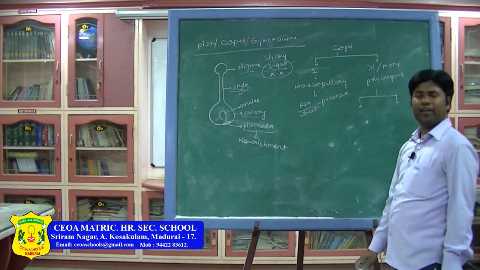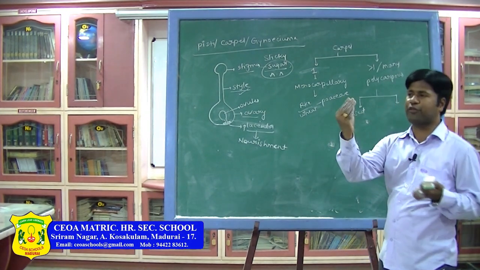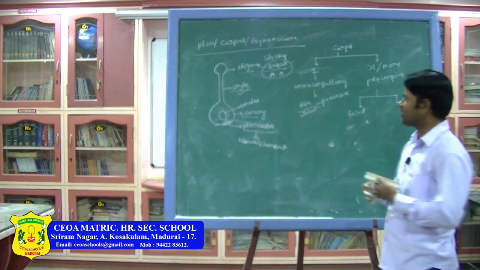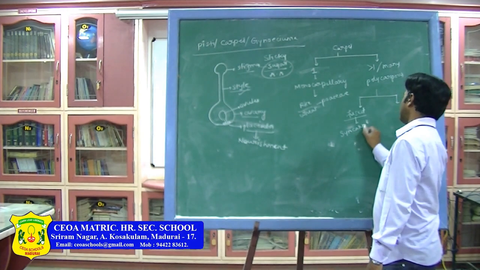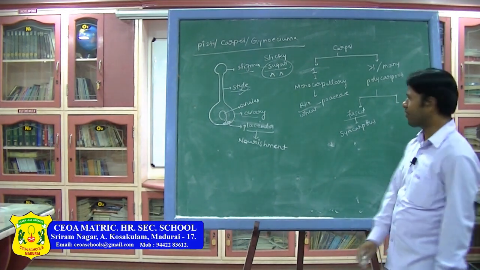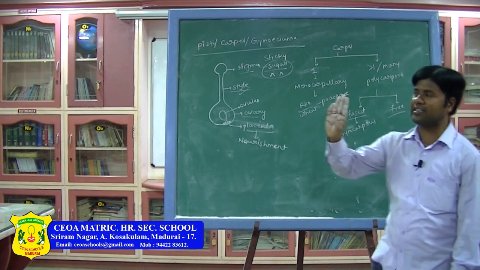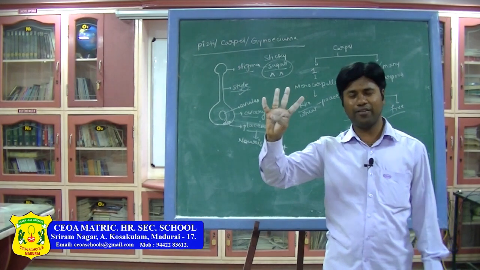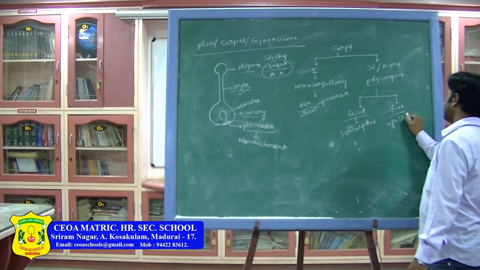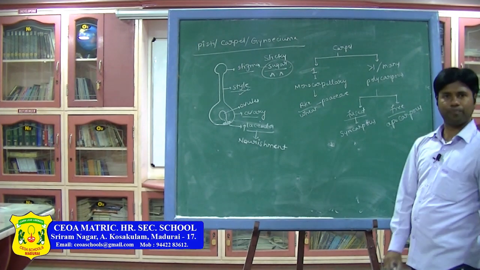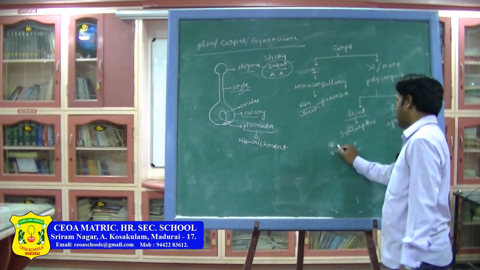In the polycarpellary condition, if all carpels are fused, it is called syncarpous. If the carpels are free, it is called apocarpous. What are examples of syncarpous?